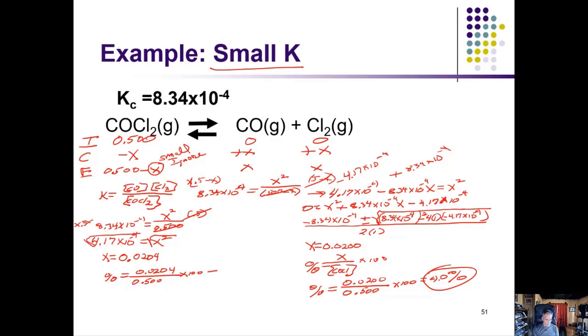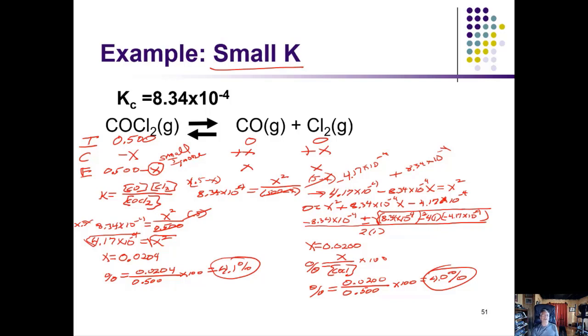And when I do that, I get 4.1%. It's actually 4.08%. So only a 0.1% difference, well under the 5% rule.